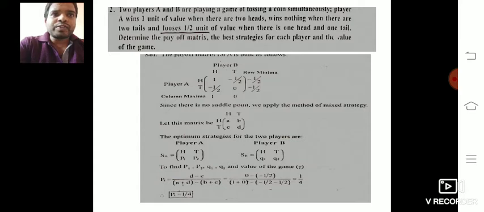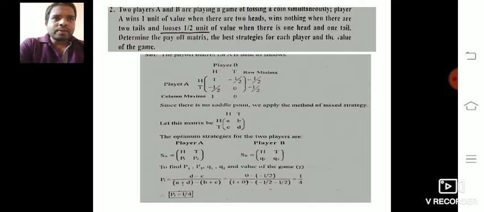The losses we can write in the form of negative. Suppose he wins, we can write only 1 by 2, but he loses 1 by 2, so we write it in the form of negative. So minus 1 by 2 whenever it is one head and one tail, for the 1 2 cell, and for the 2 1 cell, tail and head, you can also write minus 1 by 2. Now we got the matrix, and go for solving that problem.